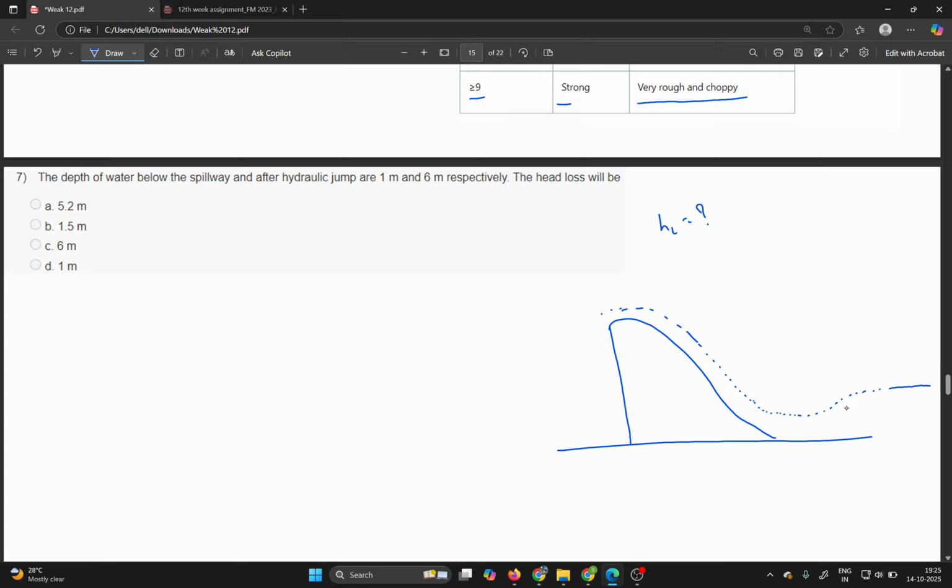Here you have 1 meter, and this is where the hydraulic jump happens. After the hydraulic jump, your flow depth is 6 meter. So this is 1 meter. You need to calculate the head loss here. How much head loss is it? So this is the question.